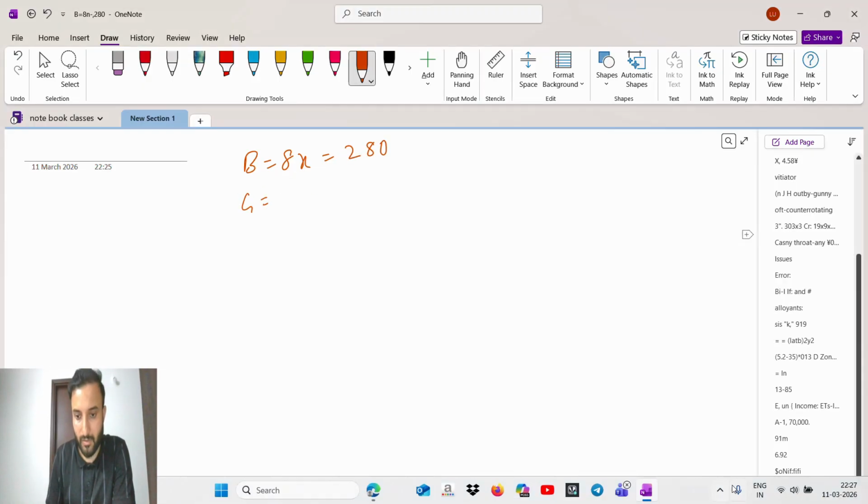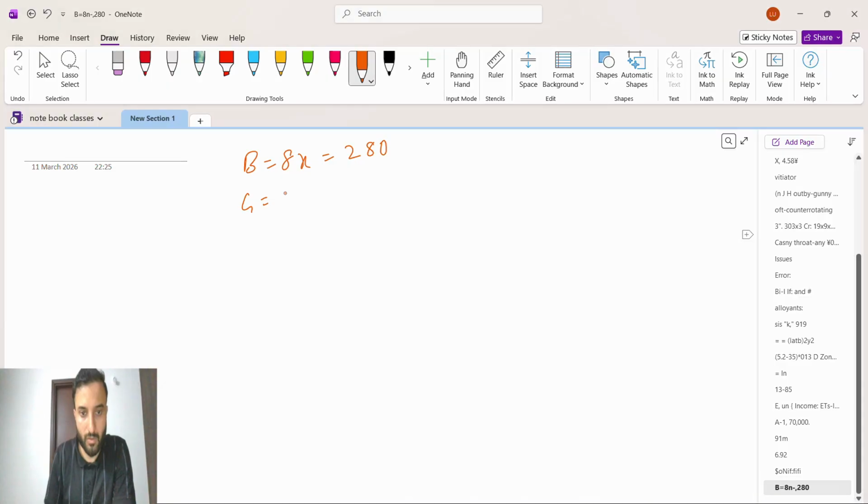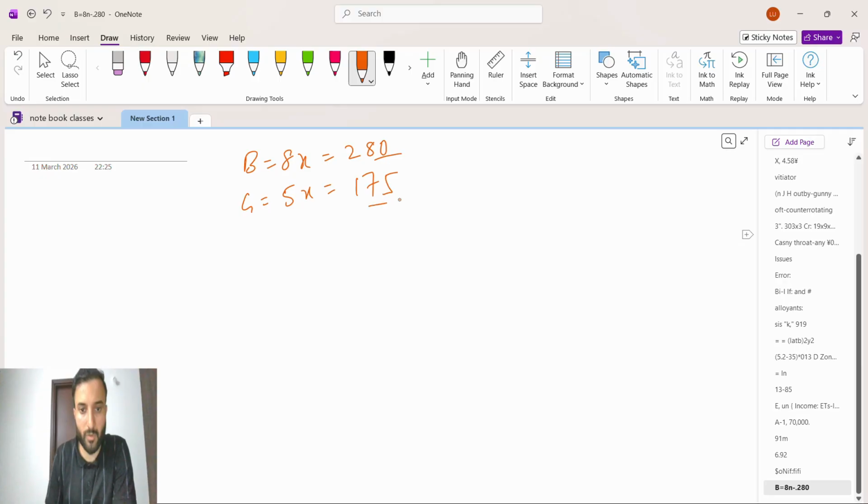And girls is 5x, so 35 into 5, girls is 175. Total number of boys is 280, total number of girls is 175. If you add 280 plus 175, you will get 455 students.